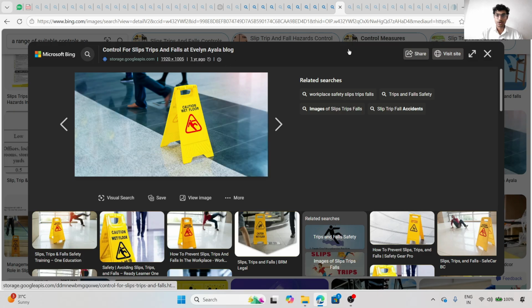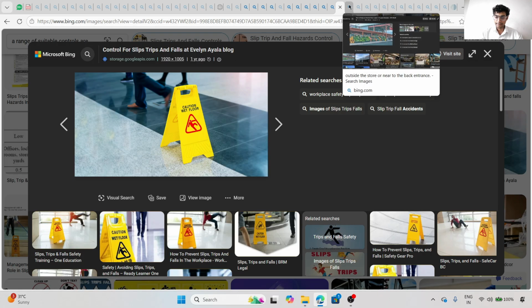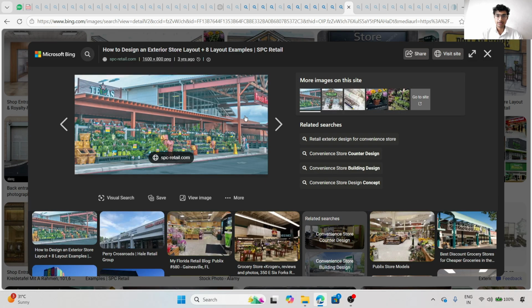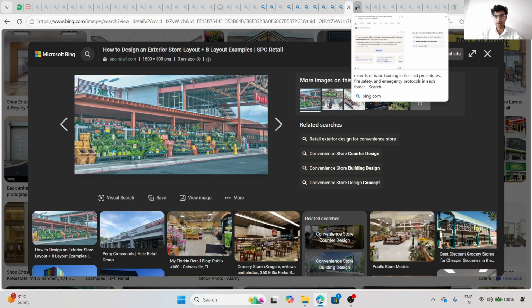Then the inspector checks the training records of the quick shop. As we said, the store outside and the back entrance had not included the hazards.